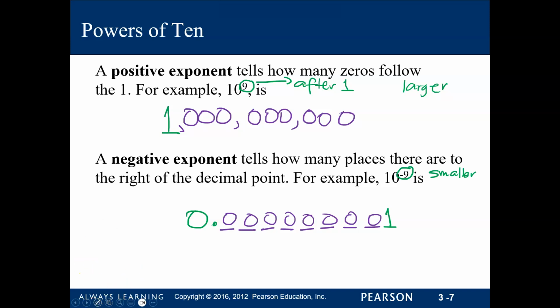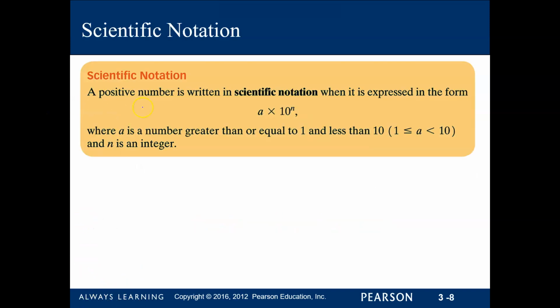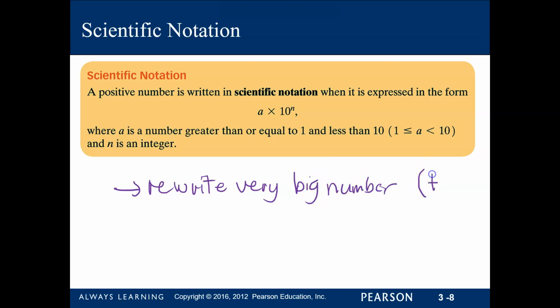So why do we have to talk about this? Well, scientific notation is another way of writing either a very large number or a very small number.